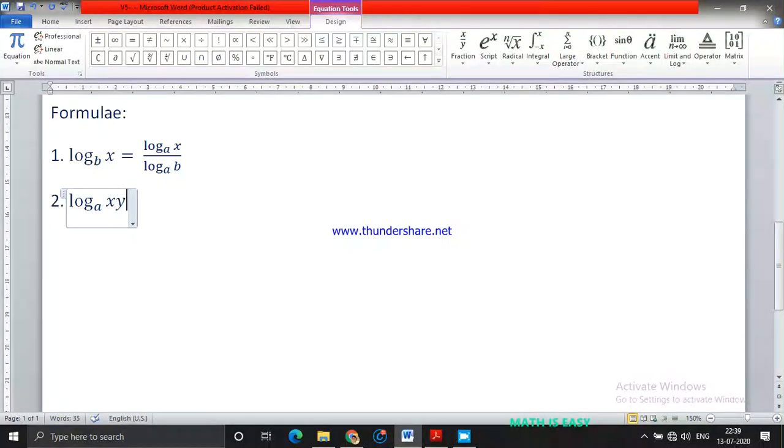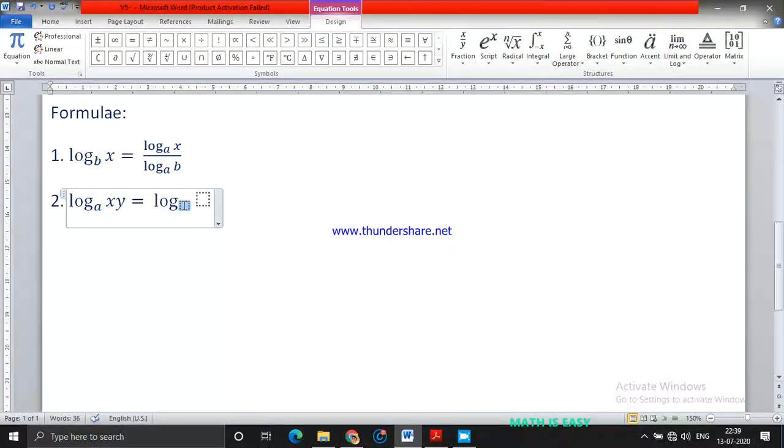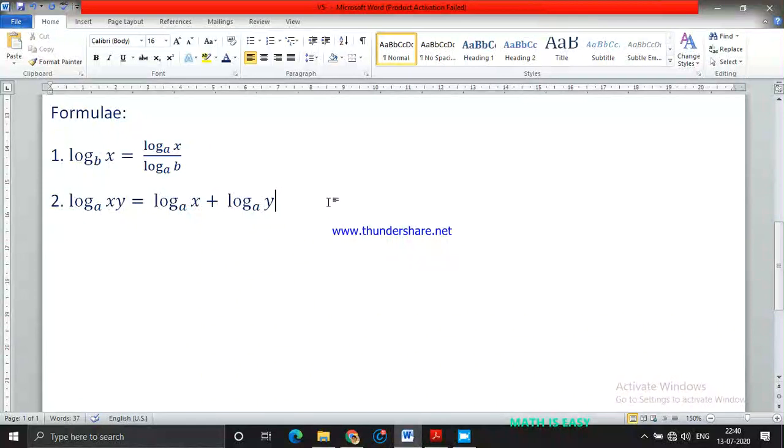So this you can write as log x to the base a plus log y to the base a. The base will remain the same and it will go as addition.